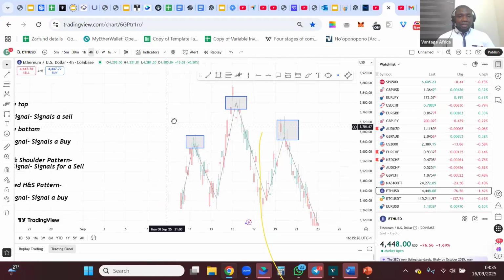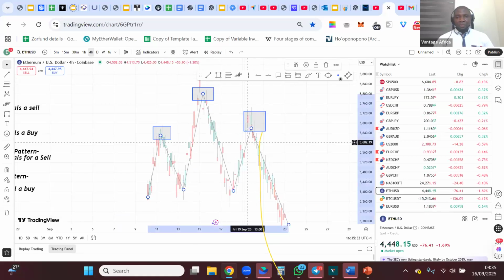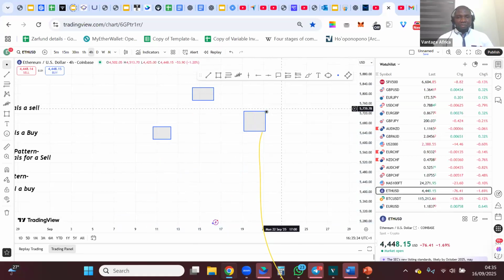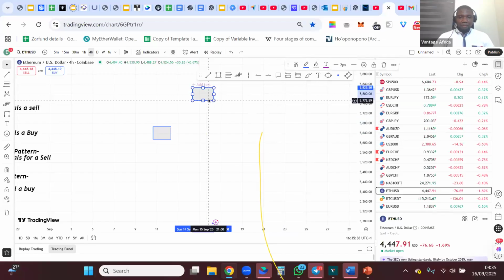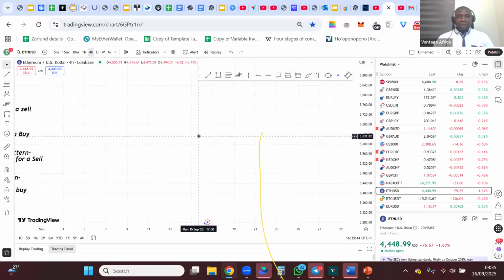Then the inverted head and shoulder pattern is just the opposite of this. Let me just mark that off a bit. So you see, the way that works is this.